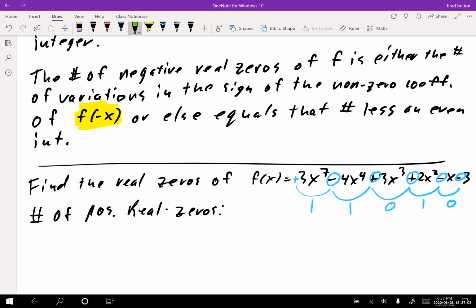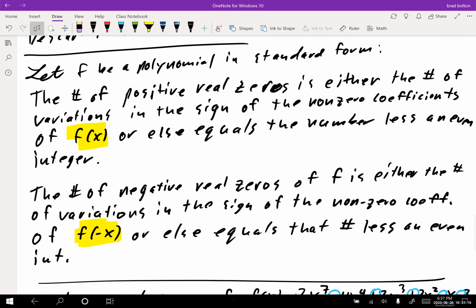So hopefully I didn't mess everything up too much for you, but here's one sign change, two sign changes, three sign changes. So we say that we have three sign changes, but then there's this weird part that says it's the number of variations in sign or else equals that number less an even integer.